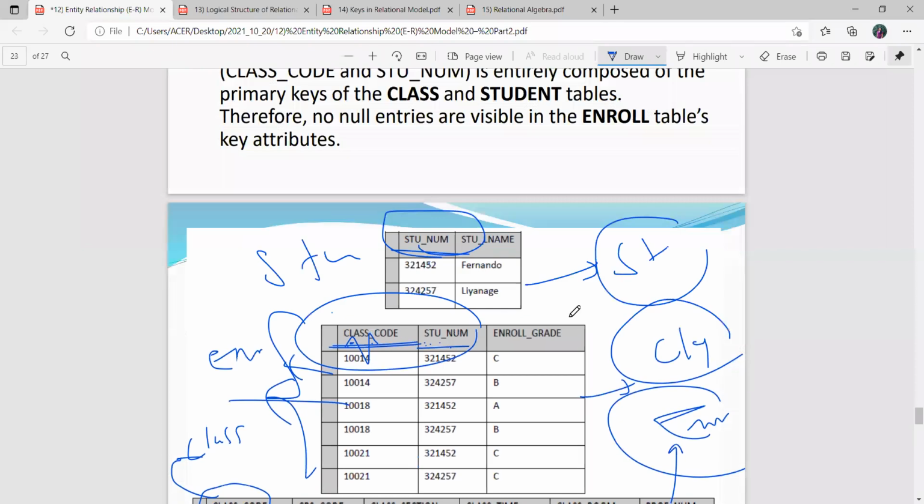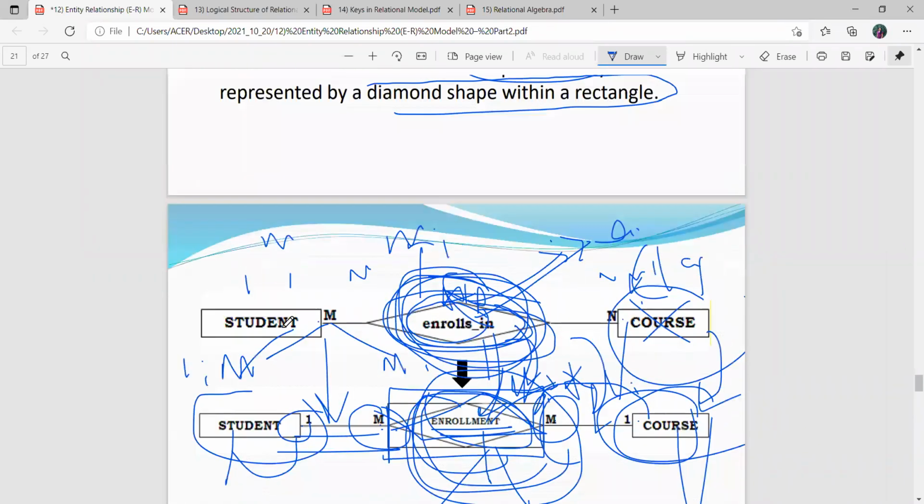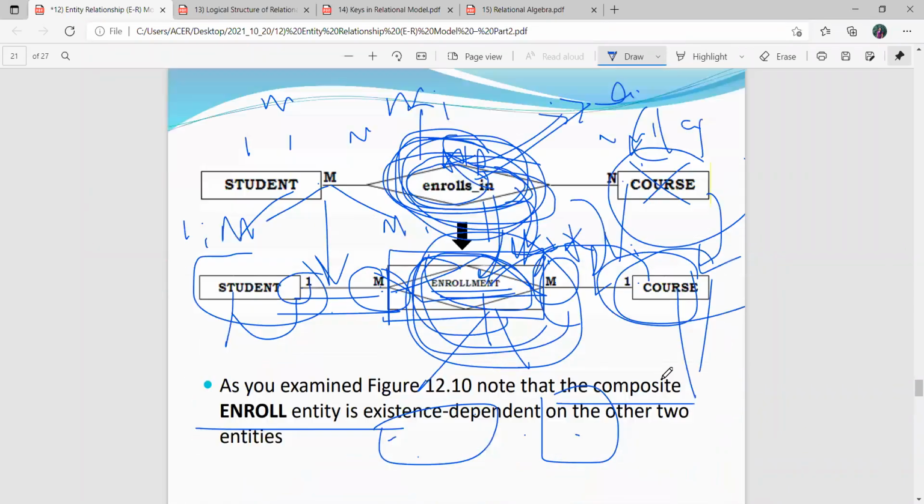But when we consider the student and the course, a course can exist without any student. That means a course can have students as well as not have any student.